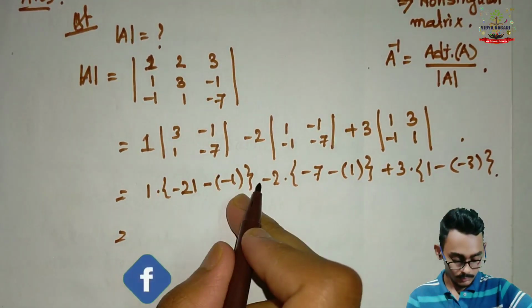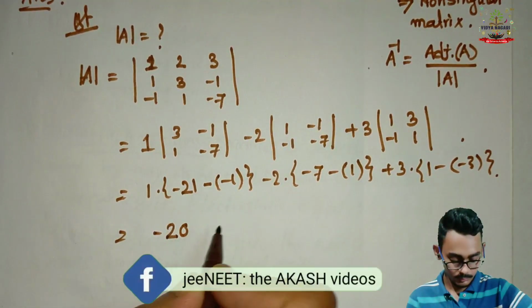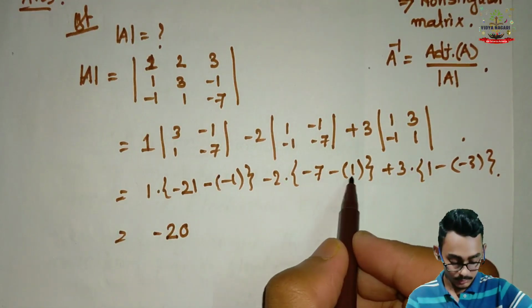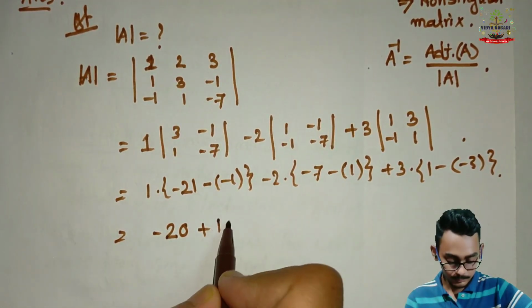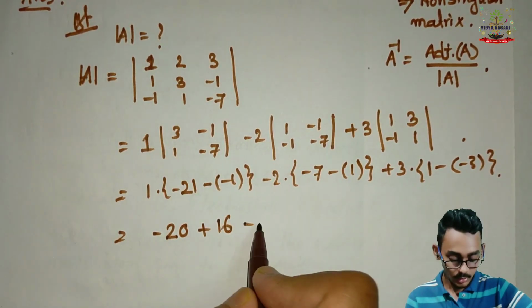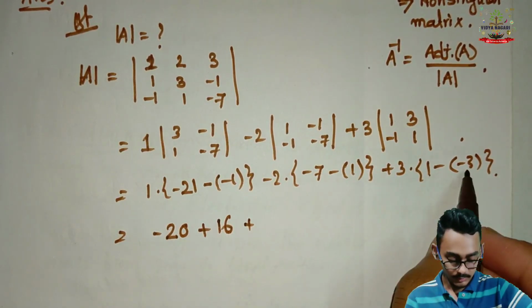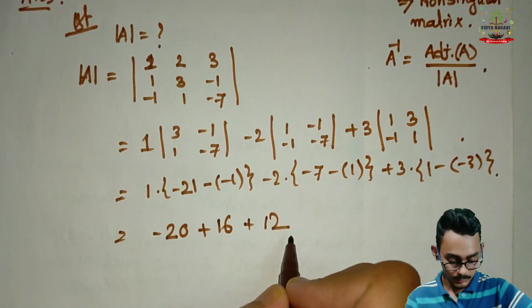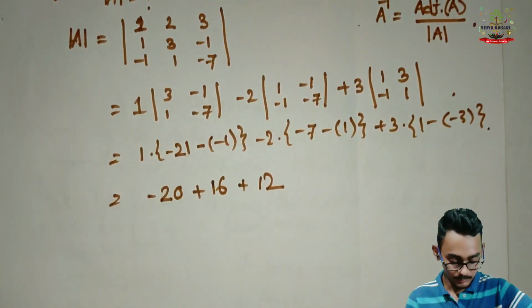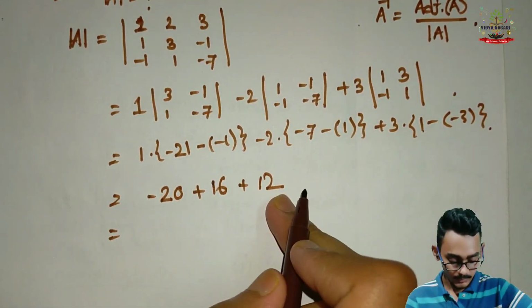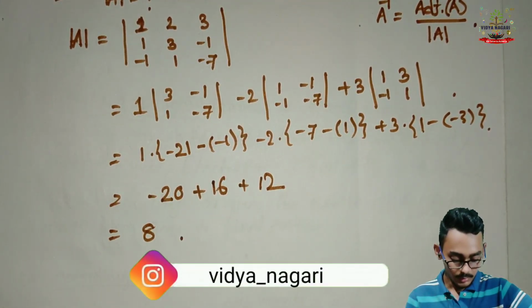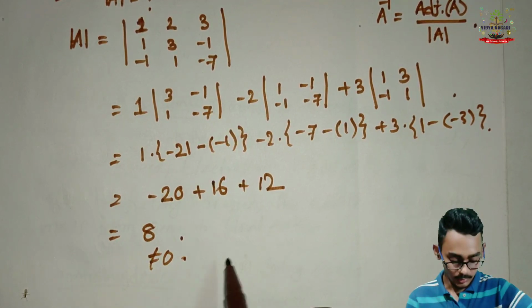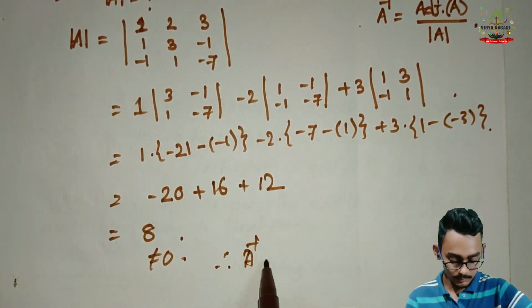That gives minus 21 plus 1 means minus 20, minus 7 minus 1 means minus 8, times minus 2 gives plus 16, plus 1 plus 3 is 4, 3 fours are 12. 16 plus 12 is 28, so minus 20 plus 28 means our determinant value is 8, which is not equal to 0, so A inverse exists.